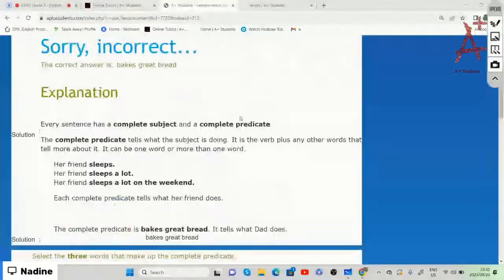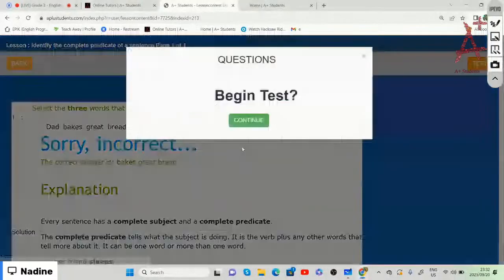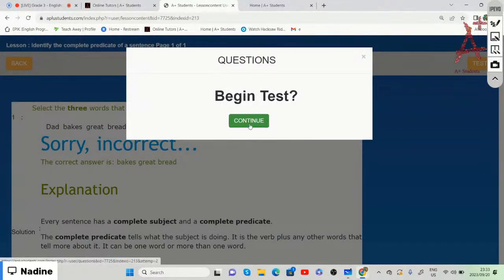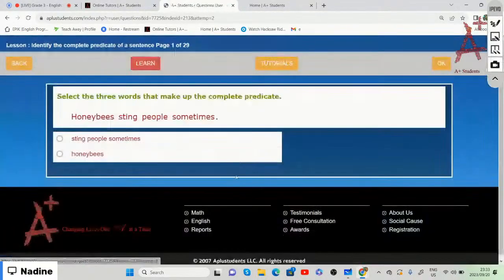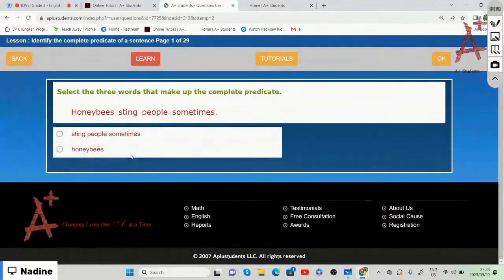All right, let's go to our test. So if you chose the first one, then yep. We're going to select the three words that make up a complete predicate, right? It tells us who or what is doing something, or the action that the person or animal does.